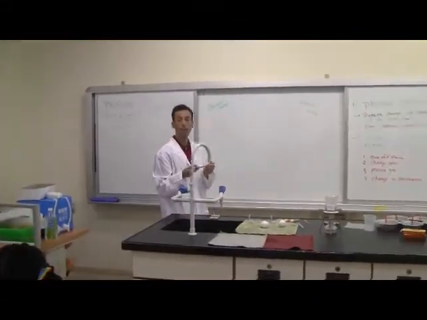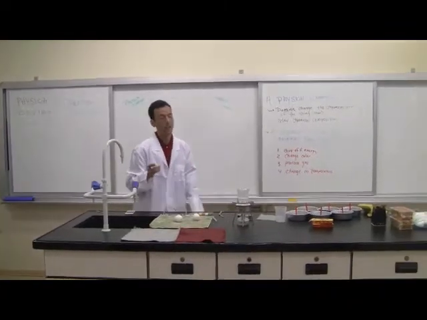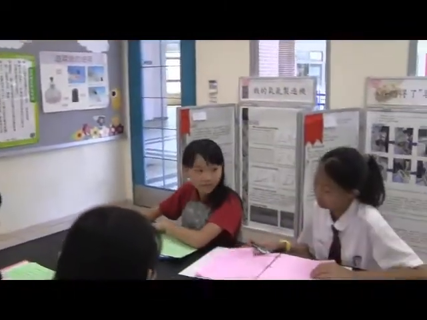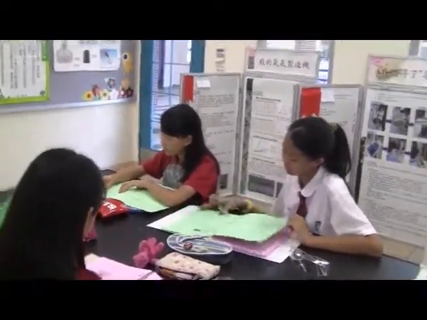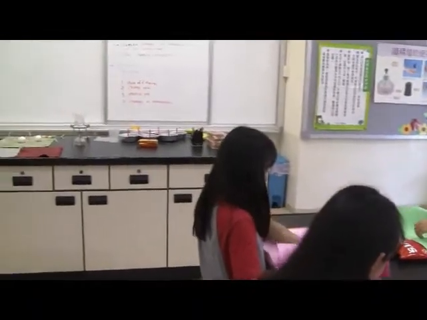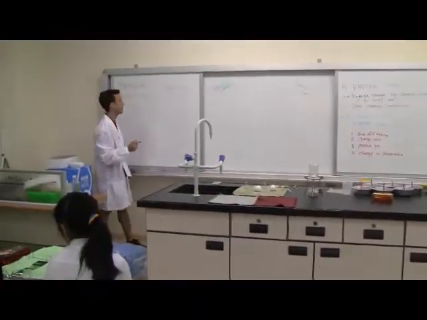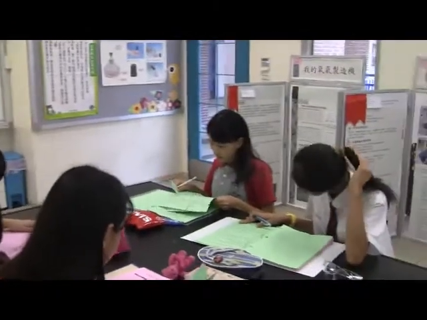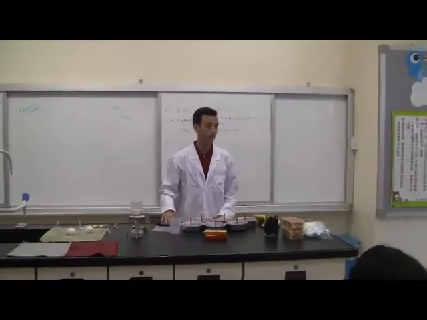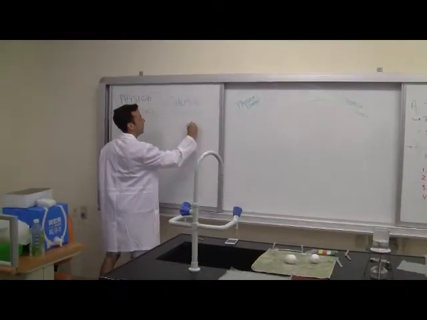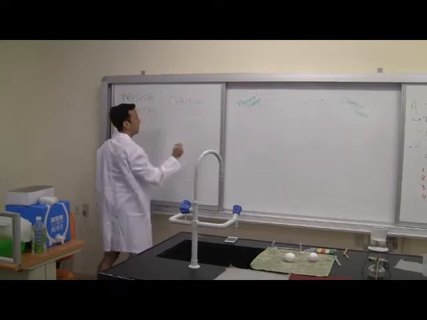All right, let's talk about chemical properties really fast. Let's go with Katrina. Give me one or two chemical properties you talked about. Flammability. Okay, flammability. We'll keep it at this for today. We won't go any further than this. We'll save this for next week.